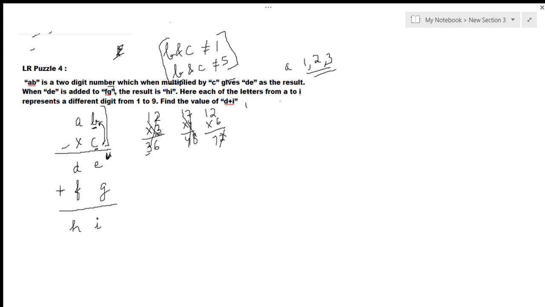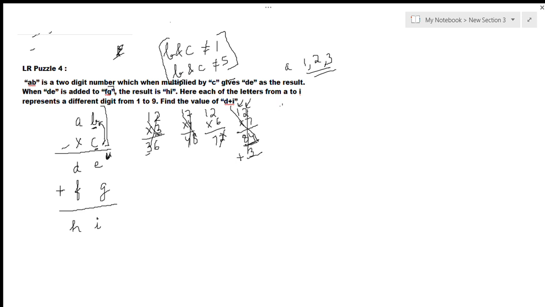Now 12 into 7, you must have realized by now that it will not be possible because it is already 84. If I even want to add a 2-digit number, the smallest possible number will start from 3, because 1 is already there, 2 is already there. Then it will no longer be a 2-digit number. So 12 has been eliminated.